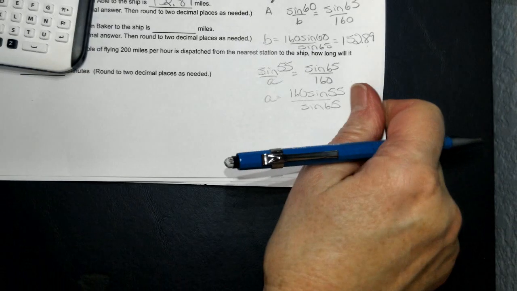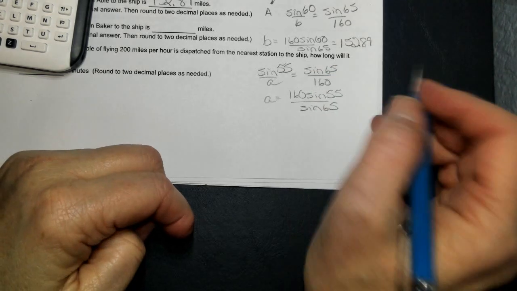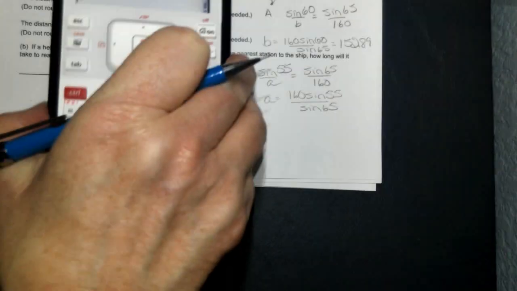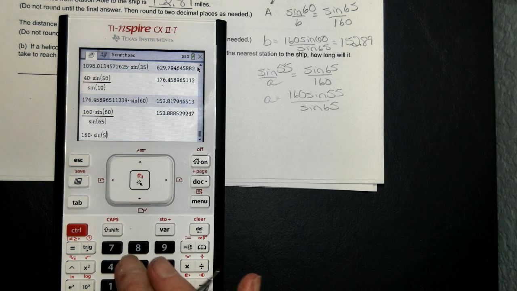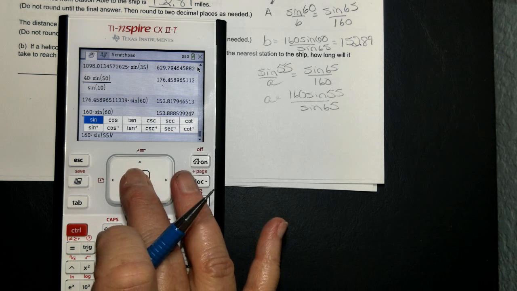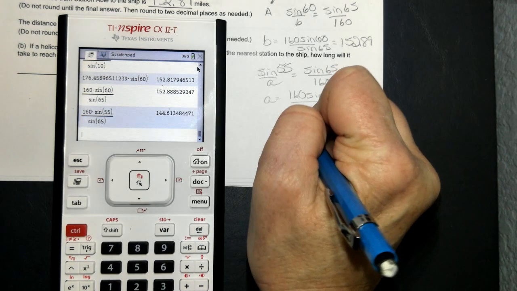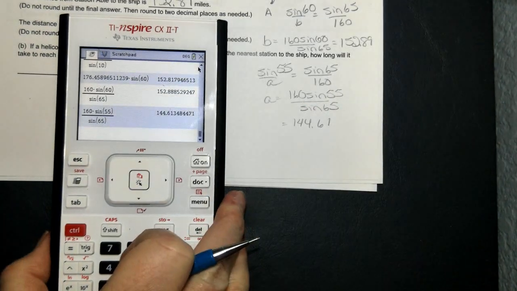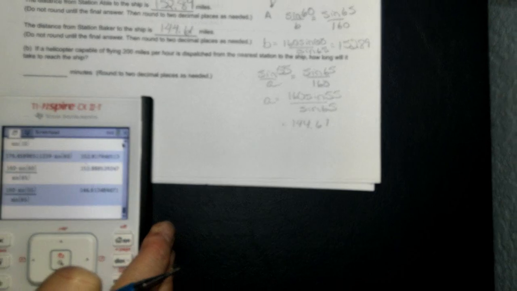Let's calculate a. 160 times sine 55 divided by sine 65, and a equals 144.61. So the distance from Baker is 144.61. So it's closer to Baker than it is to Able.